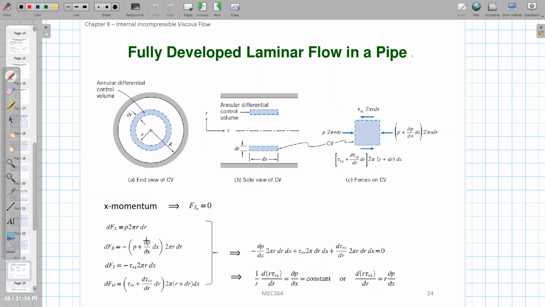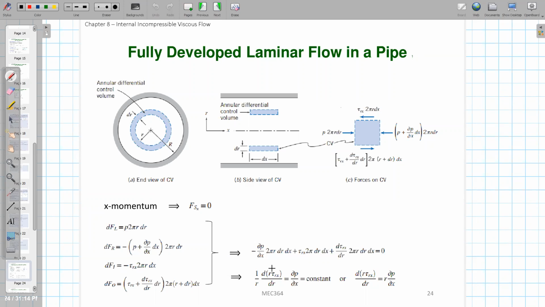Fs x is equal to 0, so basically you add all these four terms and it should be equal to 0. After you add them, some terms cancel out. For example, this pressure and this pressure are gone, this tau is gone, so you get this one. Also, if you divide both sides by 2 pi r, 2 pi dr dx, you will get this equation here.